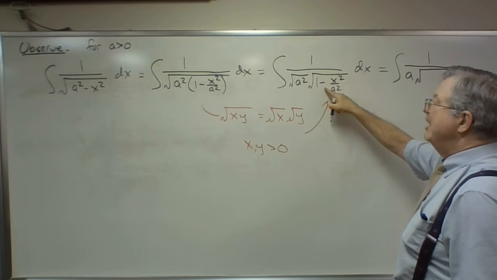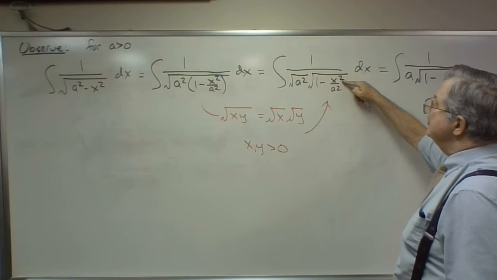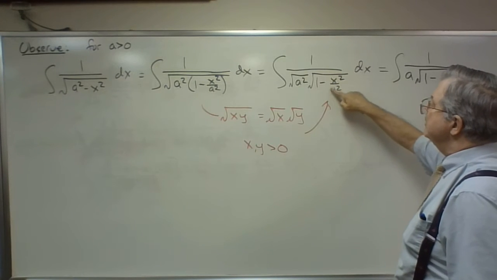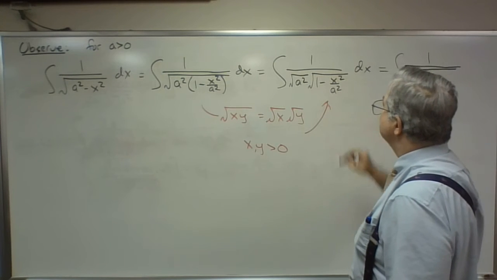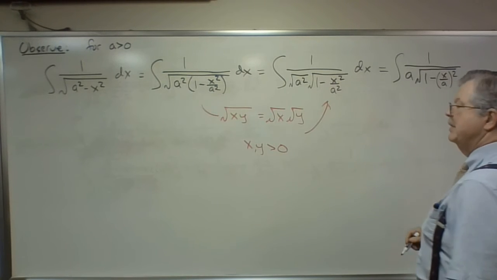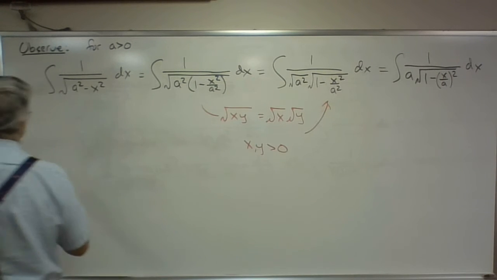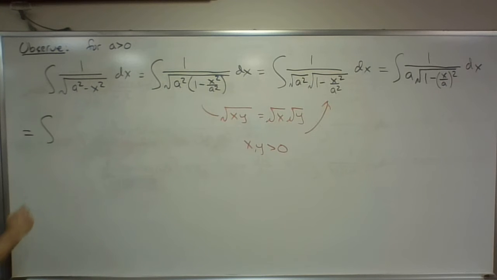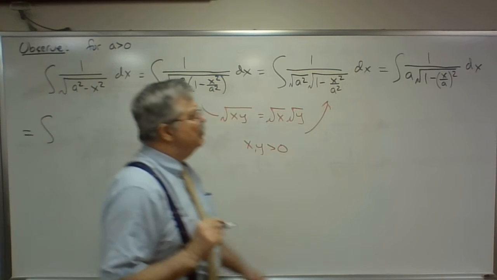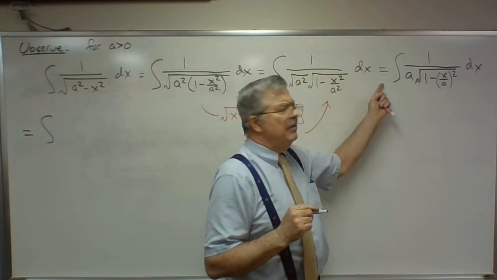And this mess, I'll rewrite it slightly. If we have something squared divided by something else squared, we can rewrite that as a quotient, the whole thing squared. So nothing magical or mysterious yet. This 1 over A, this constant here, normally I'd move it out in front of the integral sign.